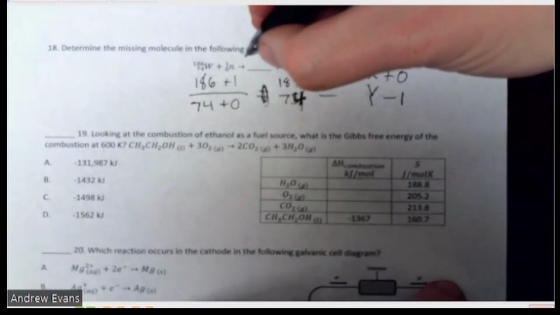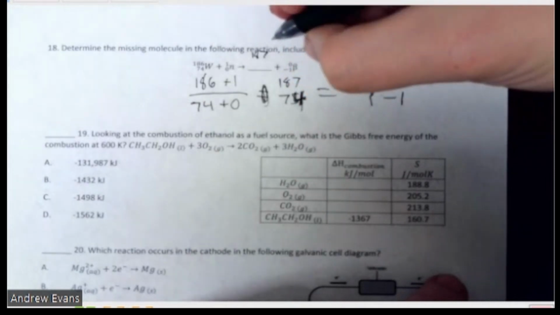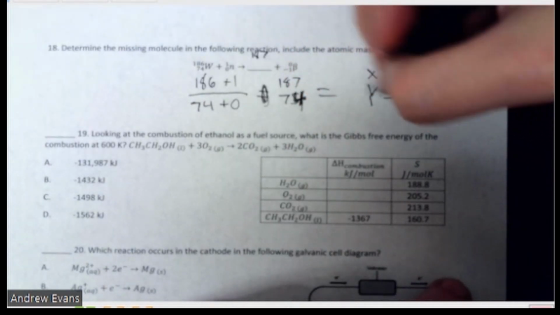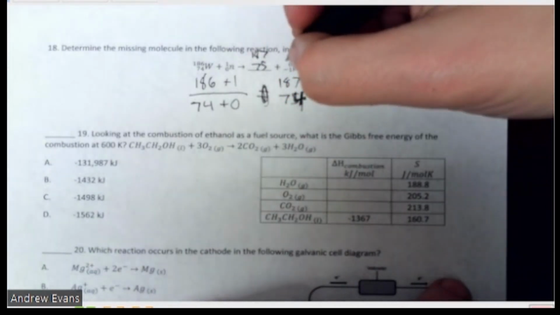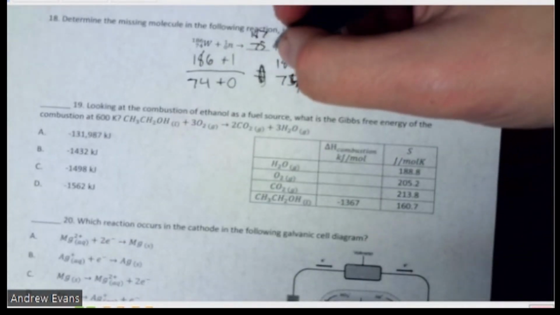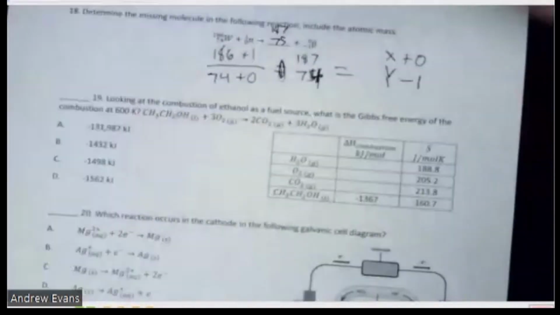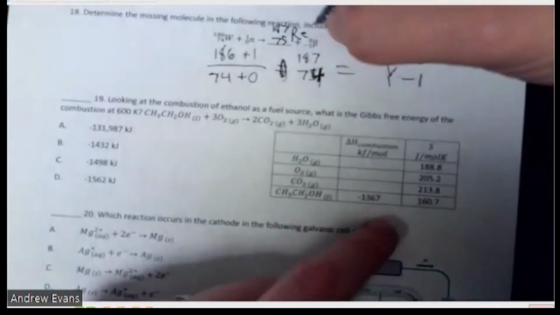So our x must be 187. But our y, 74 equals y minus 1. So this has to be 75. Element 75 is rhenium. So the answer is rhenium 187.